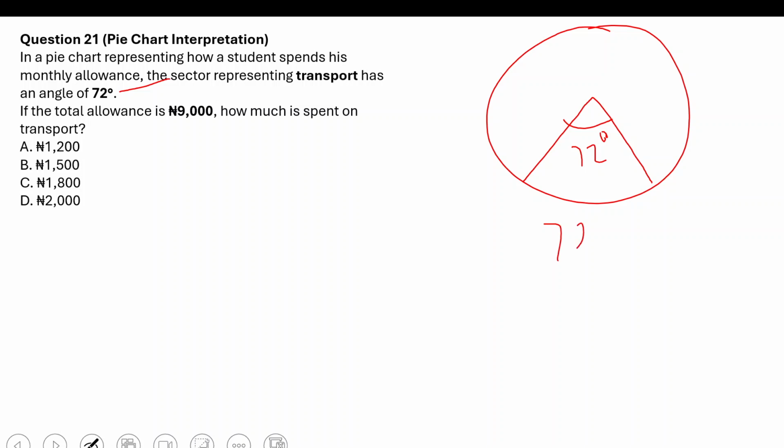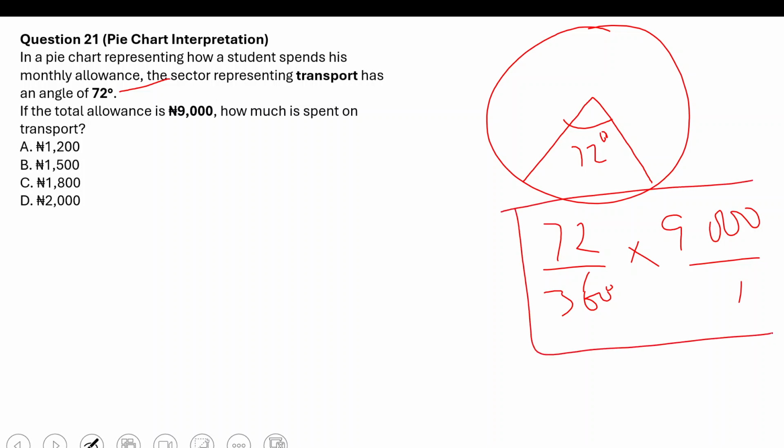So 72 over 360 times what is the whole representation of the allowance? The total allowance is 9,000, right? So how much will 72 over 360 give from 9,000? That's what this question is asking. This is the crux of the question. If you can get to this point, you're home and dry, barring any mathematical disaster.